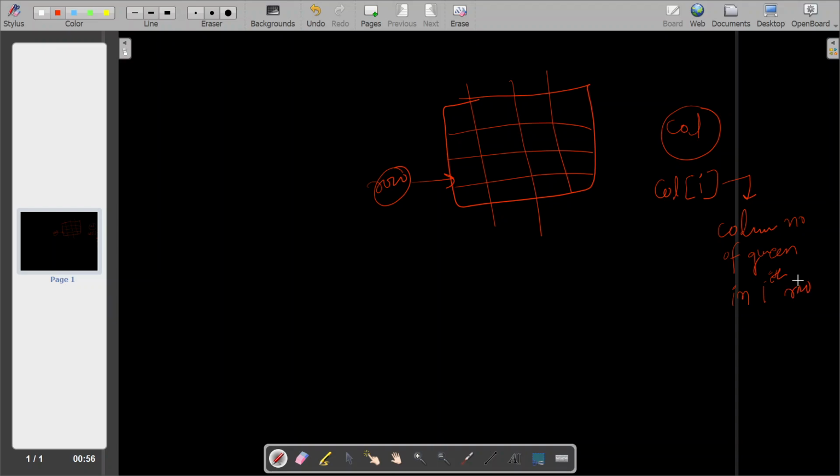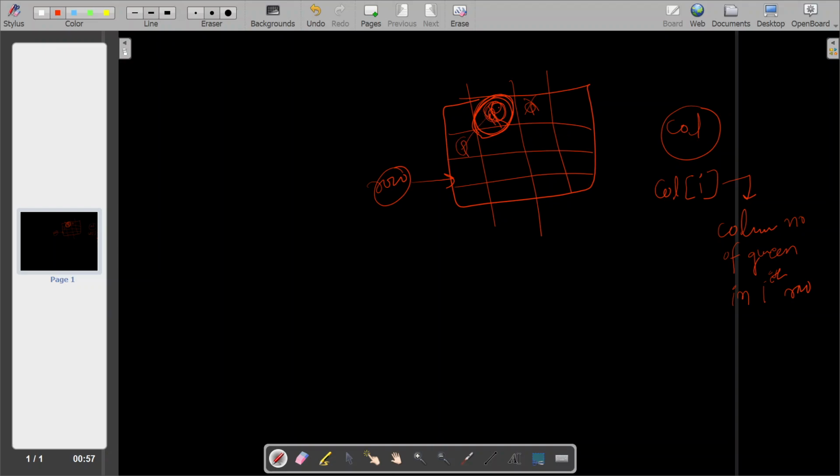We know that a queen attacks in the same column and the same row, so we cannot place more than one queen in any row. If we place a queen over here, we cannot place a queen anywhere else in this row. So in each row we place only one queen, and I am saving the position of the queen for each row. Suppose I have placed a queen here. Now for the next row I check whether I can place a queen here or not.